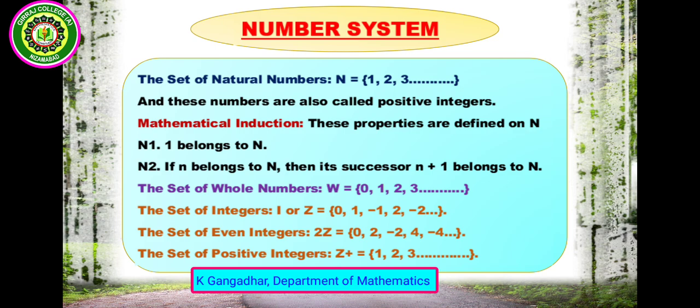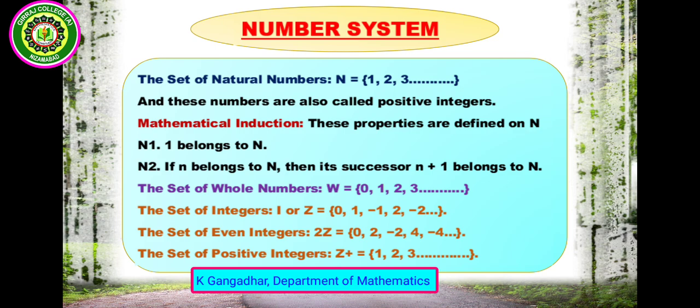Greater than 0 integers, the set is denoted by Z plus. They are 1, 2, 3, 4, 5, and so on. These numbers are also called natural numbers, so Z plus equals N.